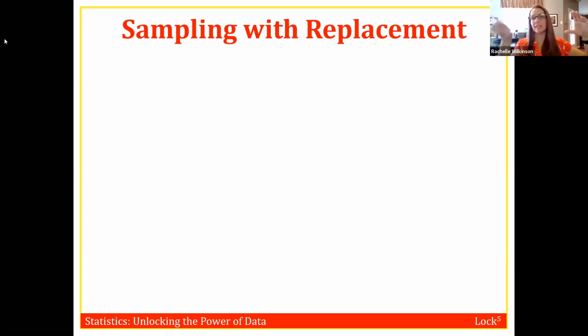I do that 6 times. Every time I'm putting the person back in, so there's a chance they could be selected again as part of my bootstrap sample. Once I've gotten up to my sample size of 6, that's when I calculate my sample statistic, and then put that one aside so I can start the whole process again and do that a few thousand times.